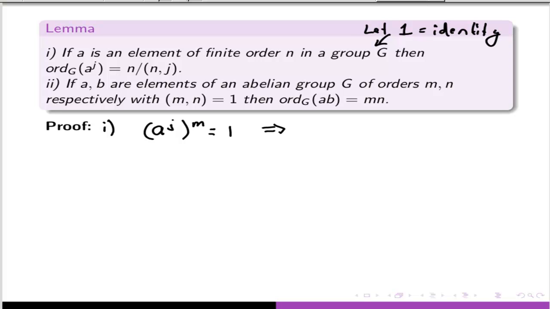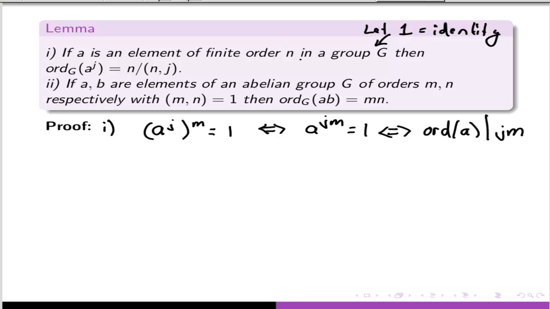Well, that's equivalent to saying that A to the Jm equals 1. And that's equivalent to saying that the order of A is a divisor of this exponent. So the order is the smallest exponent that gives us 1, and every other power is a multiple of that minimal power.